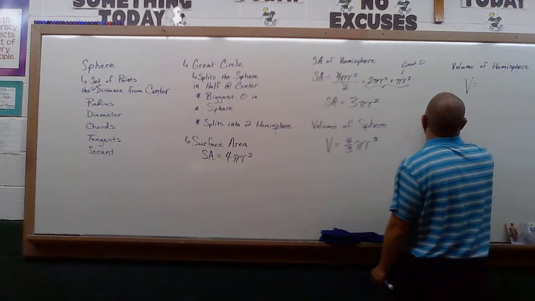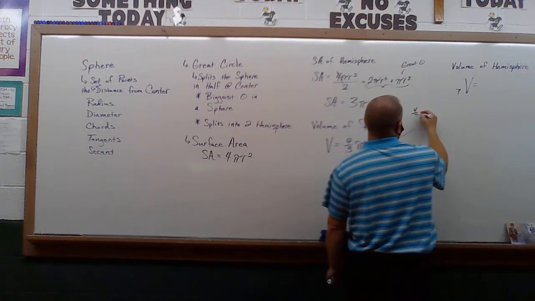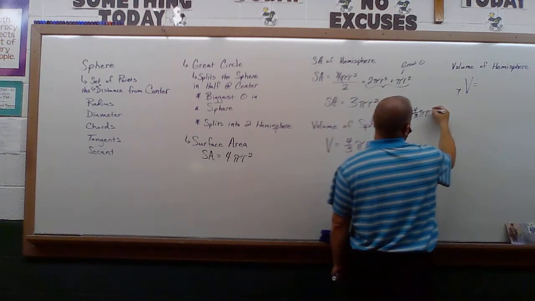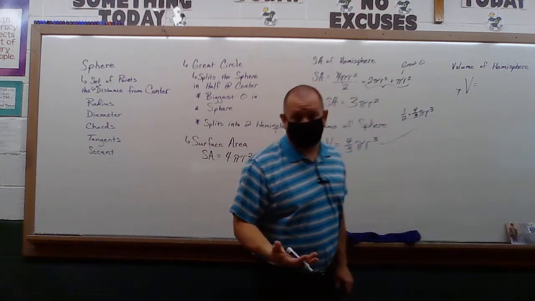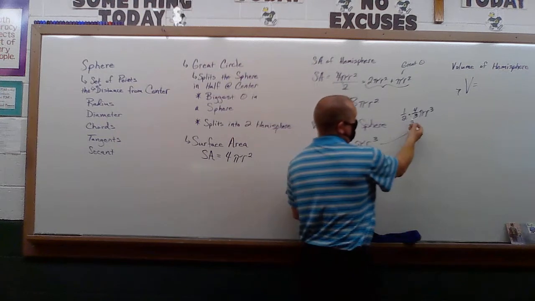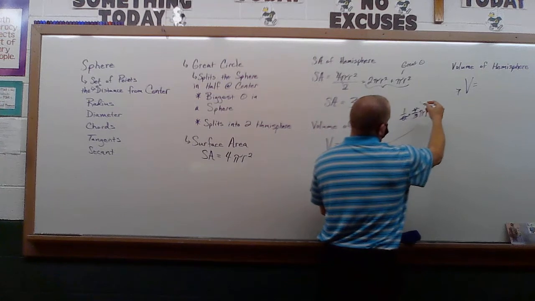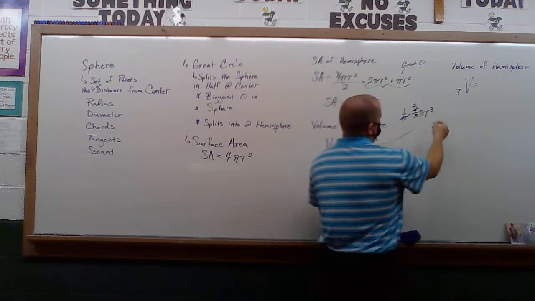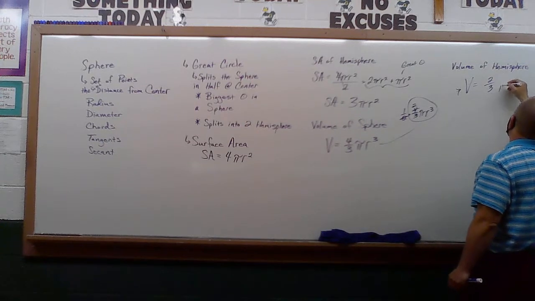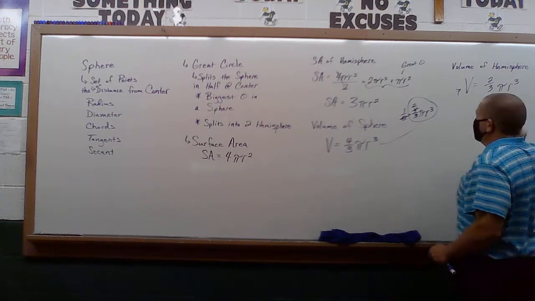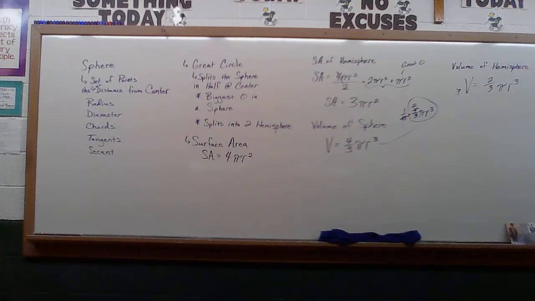So realistically, to get there, I'm going to take 4/3 pi r cubed times, Merrick said divide by 2, but dividing by 2 is the same thing as multiplying by 1/2, right? And so, if I notice my 2 and my 4 cancel each other out, what's left over? 2/3 pi r cubed. And we get our answer.